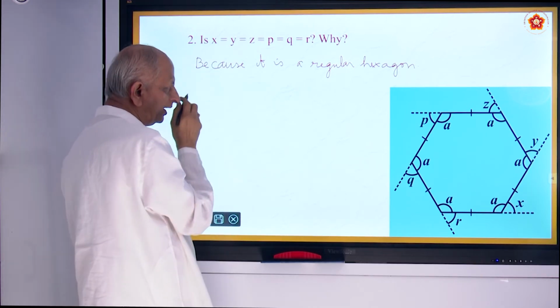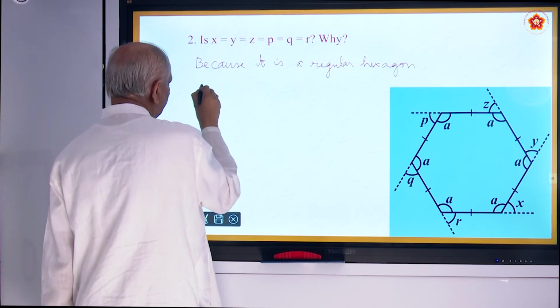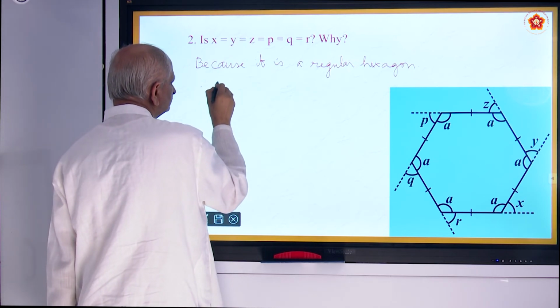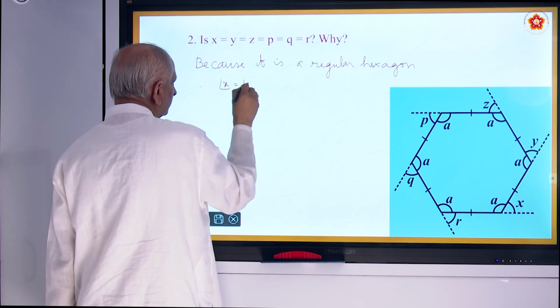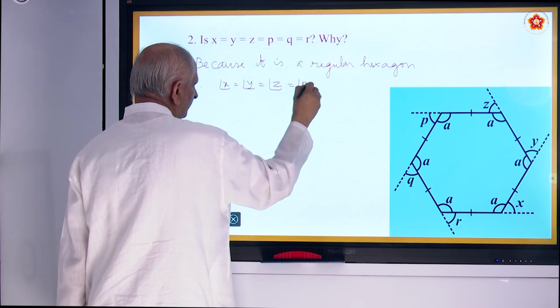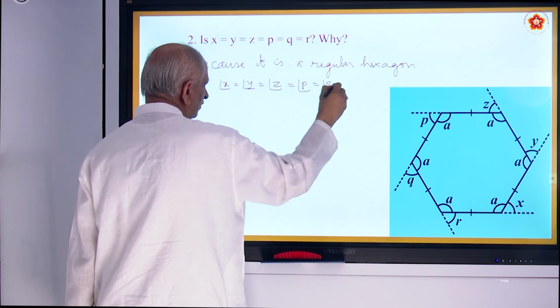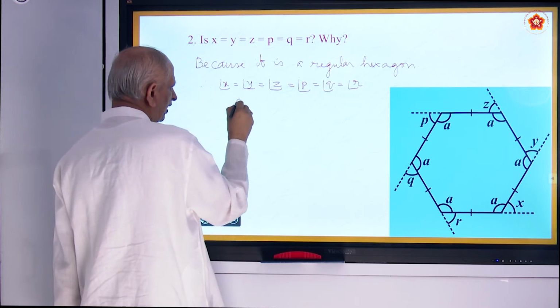Therefore, all the exterior angles will be equal. Therefore, angle x is equal to angle y is equal to angle z is equal to angle p is equal to angle q is equal to angle r, they are all equal.